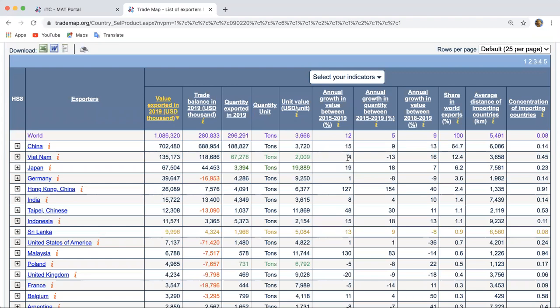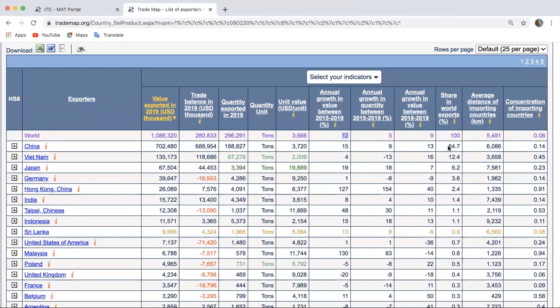Whereas Vietnam, for example, it's still growing well, but it's growing less fast than global average exports. So Vietnam is at this point losing market share in the global market of green tea. So it's interesting to always benchmark the country numbers to the global numbers as well.